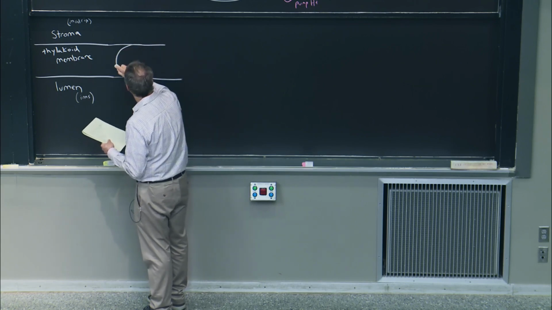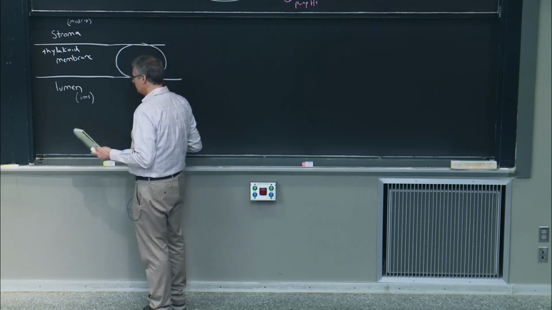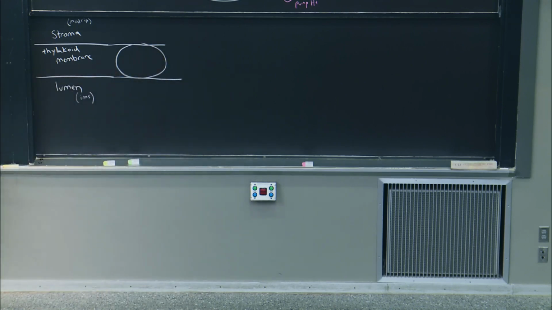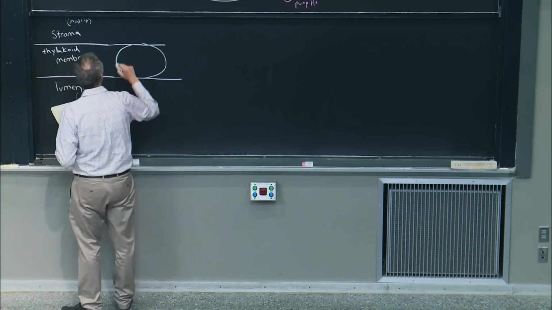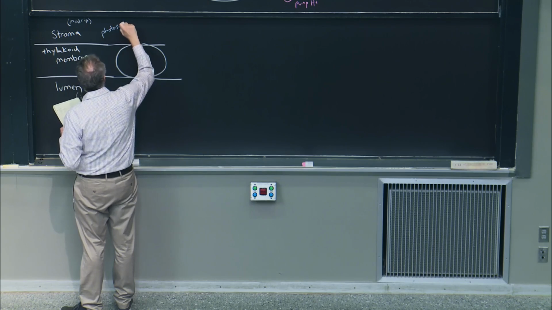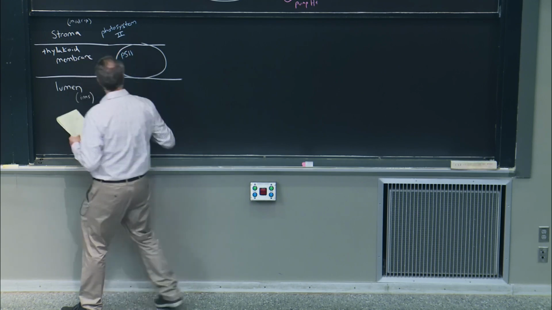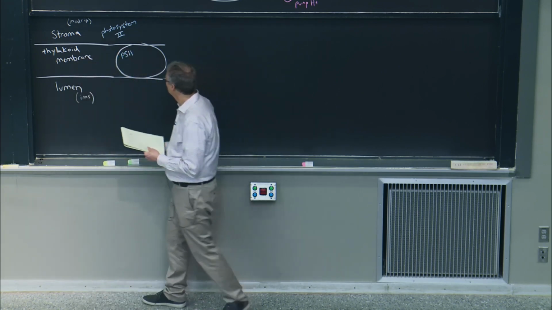We have a complex here. This complex is called Photosystem II, abbreviated PS2, all right?